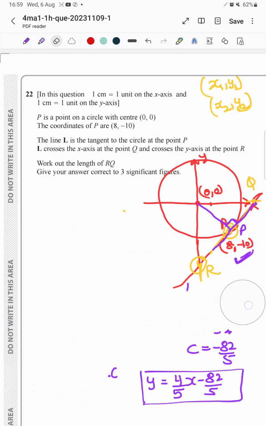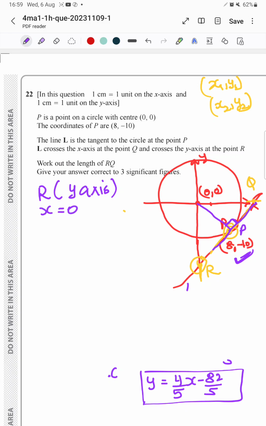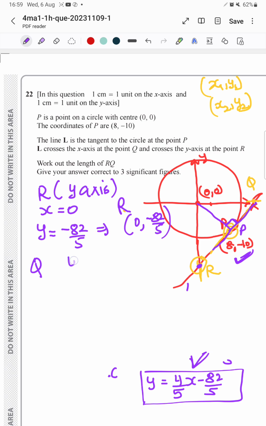Now because I know the line, and we have to find out RQ, it is very easy, because R is a point on the y-axis. If it is a point on the y-axis, x will be 0. So for this line, if I substitute x equal to 0, y will be equal to -82 by 5. So I can say the coordinates of R are 0, -82 by 5. And if you see, this point is below the x-axis, so that is -y. And for Q, y will be 0 because it is a point on the x-axis.